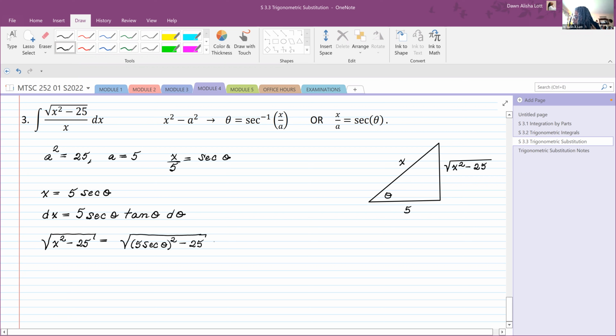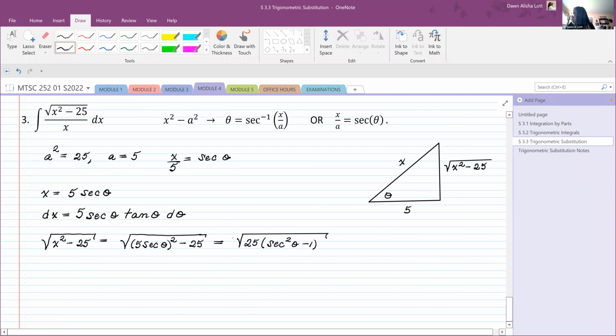So we're getting somewhere. That looks like the square root of 25 times the secant squared of theta minus 1.